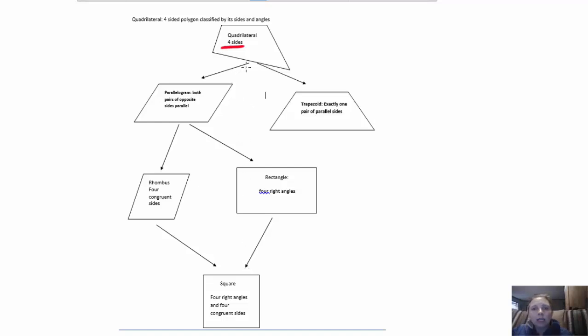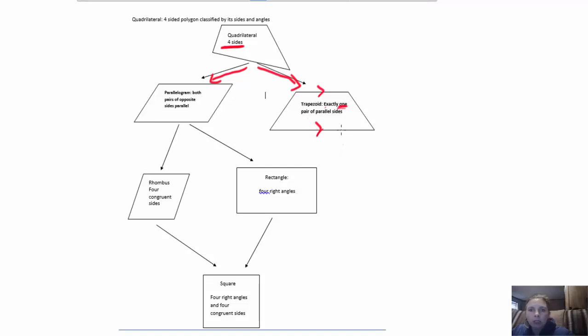Quadrilaterals can be split into 2 categories, either parallelogram or trapezoid. A trapezoid is by itself, and it has exactly one pair of parallel sides. So this and this are parallel. There are more characteristics, but we don't get into them this year.